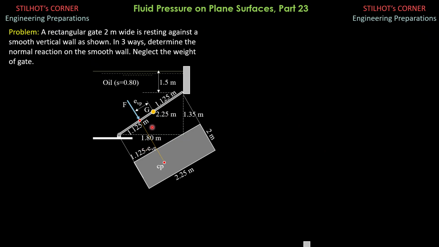Then the angle arctan of 1.35 over 1.8 is 36.87 degrees. The vertical distance, since there's only one liquid here, which is oil, is denoted by hg.